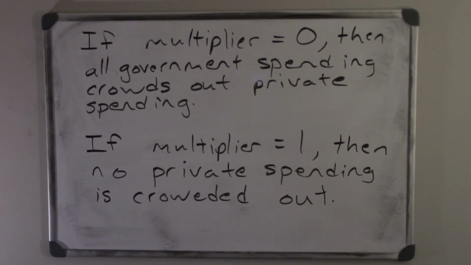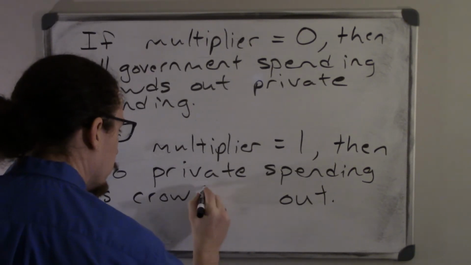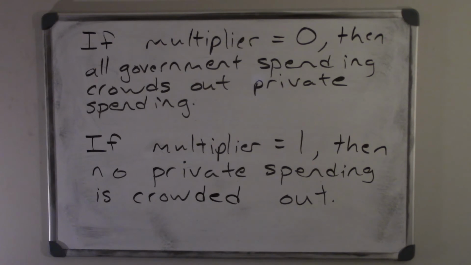In this scenario, the government increases spending by $100 million, and then we see a $100 million increase in aggregate demand. So there's no extra effect, there's no increase in private spending that goes with that. But none of the private spending is crowded out either.